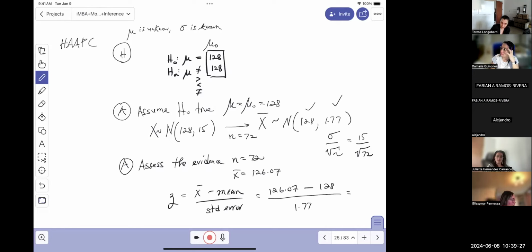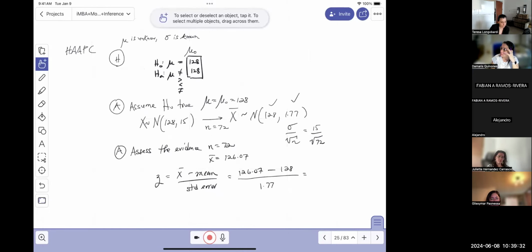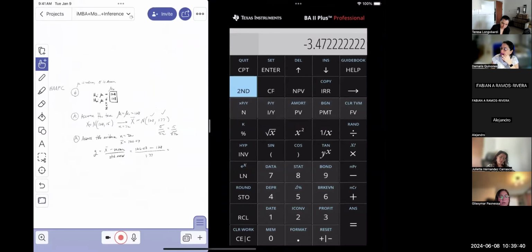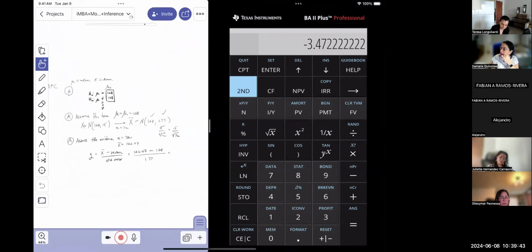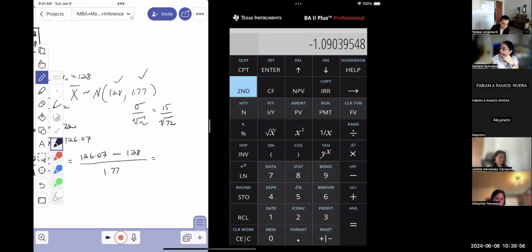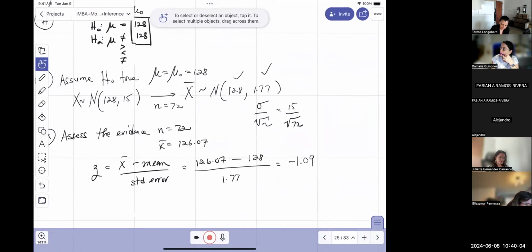Again, it's a negative. Negative 1.09. We have more support for the fact that it's not a big deal. It's not much of a difference.